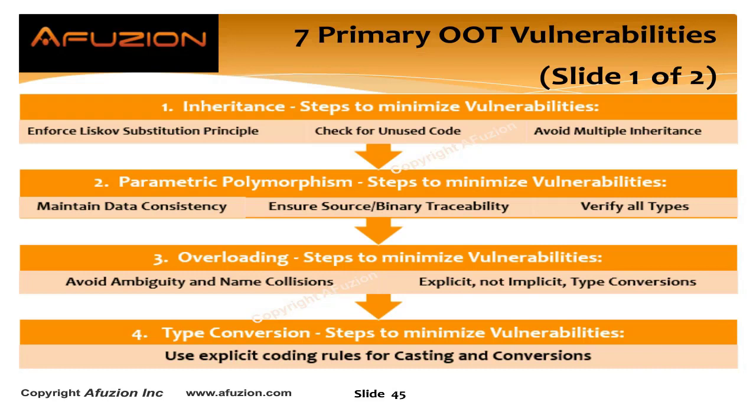We need to check for unused code, very common. The more object-oriented it is, the more reusable it is, the more unused, deactivated code. We have to justify that. We really want to try to avoid multiple inheritance. Now, let's take a look. Number 2, parametric polymorphism. We need to have some steps to minimize vulnerabilities.